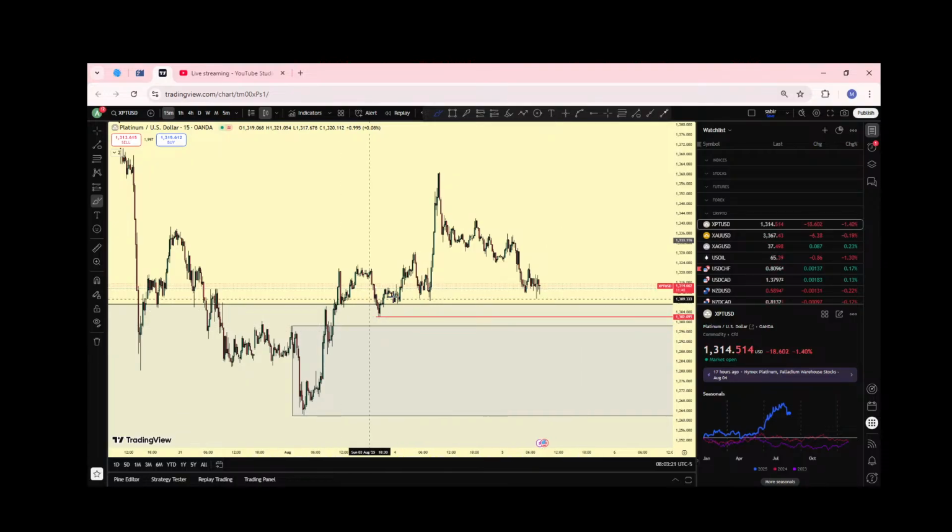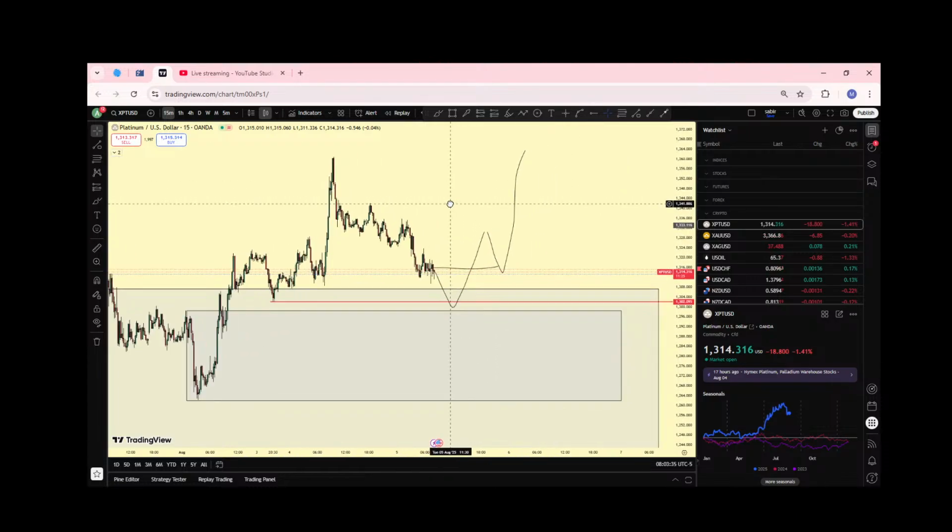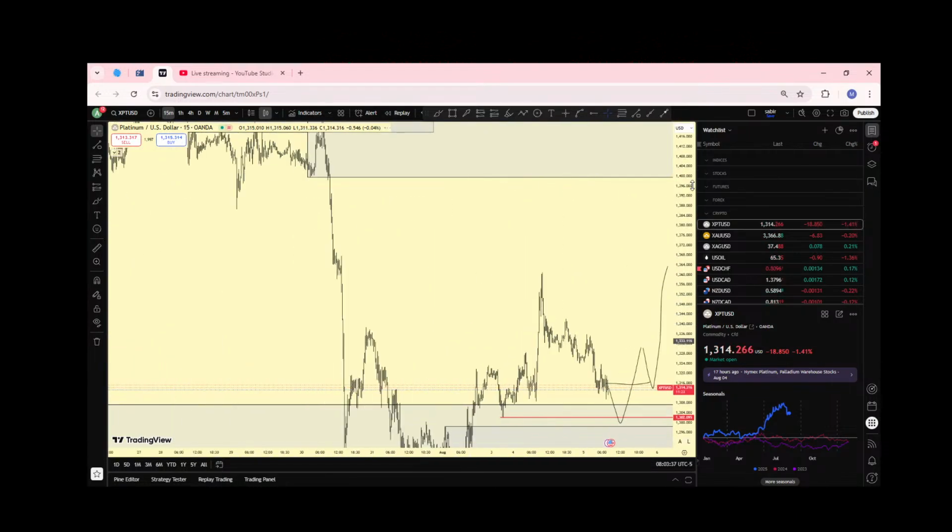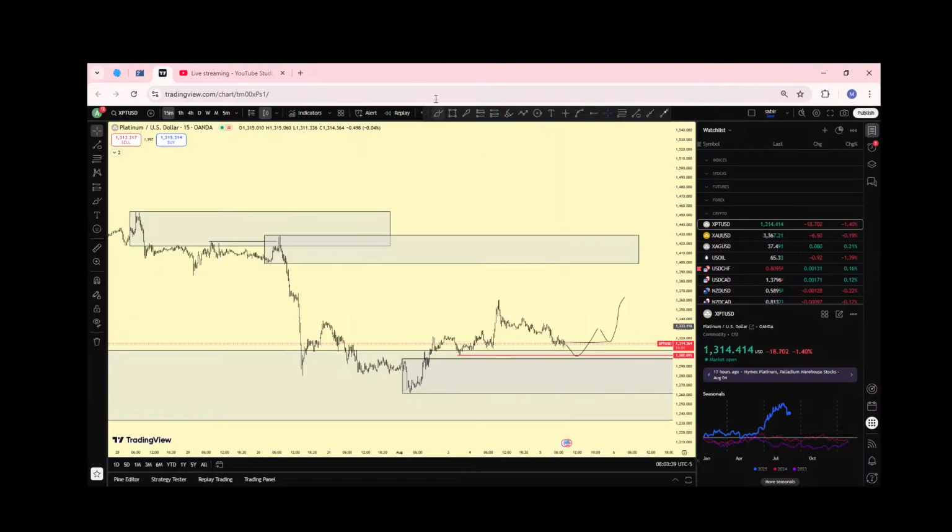For me, the ideal long position will be only when we take these descending lows, and then I will preferably want to see a fractal shift, market structure shift, and then from the area of fresh demand we can scale into higher prices. Because for me this high over here is the high created due to the NFP data, which came out bad for the US, not good.